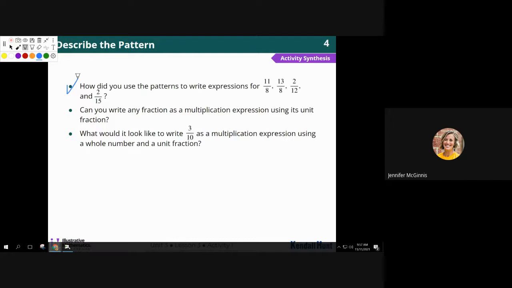If I ask you to write 4/12, and I'm telling you this is the value, can you give me an expression to go with 4/12 using the unit fraction? Remember, a unit fraction is any fraction with a numerator of 1. Write it on the back side of the paper. This is your value. What is the expression going to be?